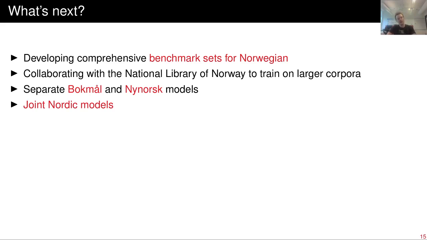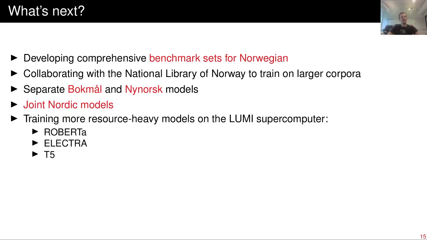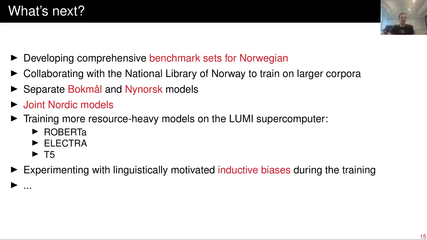There is an ongoing effort on training joint Nordic models on several Nordic languages like Swedish, Norwegian, Danish, Icelandic, etc. And finally, we would also like to train more resource-heavy models on the LUMI supercomputer later this year, like RoBERTa, ELECTRA, T5, etc. We also have some ideas about using linguistically motivated inductive biases during the training, which we hope will improve the models even more.